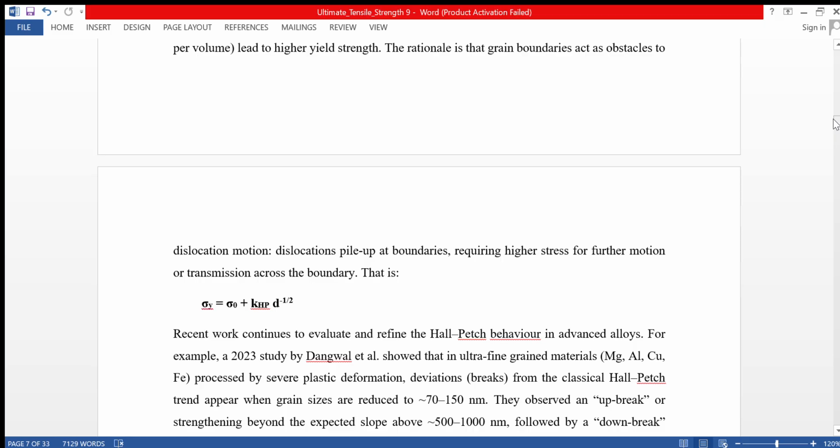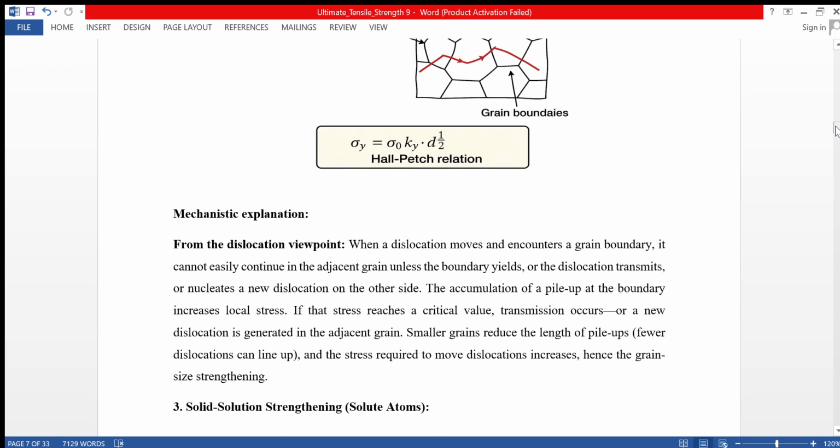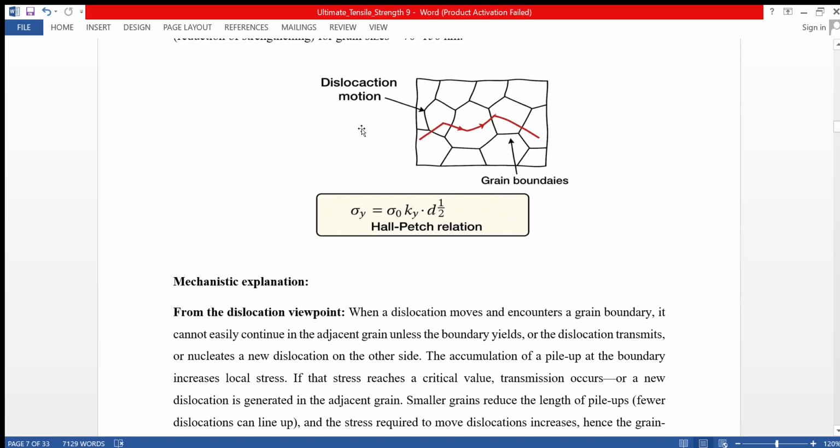They observed an upward break or strengthening beyond the expected slope above approximately 500 to 1000 nanometers, followed by a downward peak. Next point, it is shown in this diagram: dislocation motion and the grain boundaries, and this is the Hall-Petch equation.